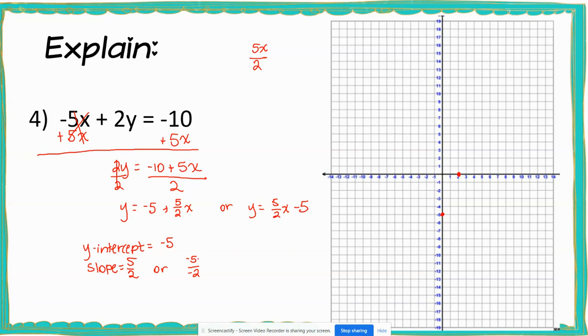That was the same as negative 5 over negative 2. So if I started back at the y-intercept, I also could have gone a rise of negative 5, which is down 5, and a run of negative 2, which is left 2. I can connect these points and make a straight line, and you can see that those would be on the same line.